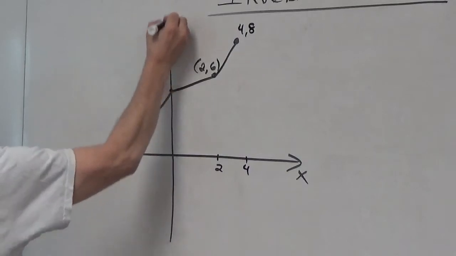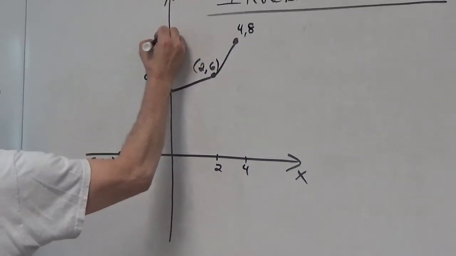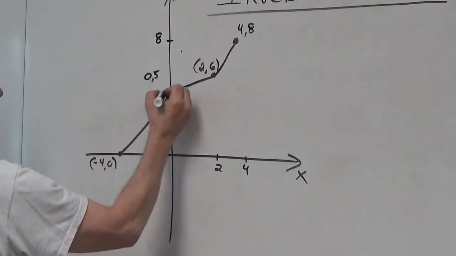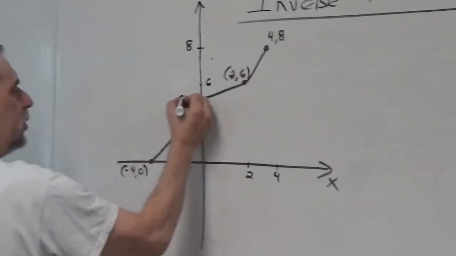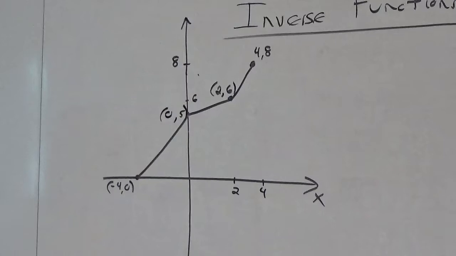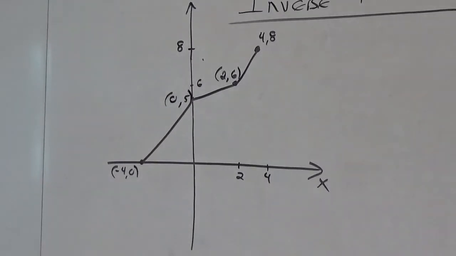Let this go up a little higher. We said this was 5, and this was 6. 0, 5 is over here. All right, so just a line graph. It's a function, right? It fits the definition of a function.